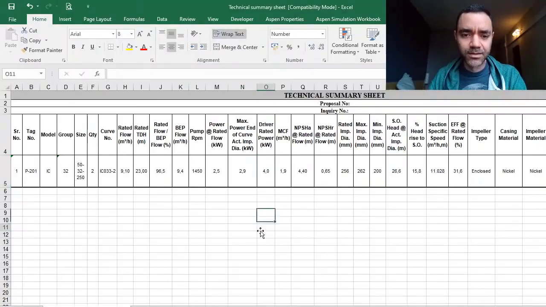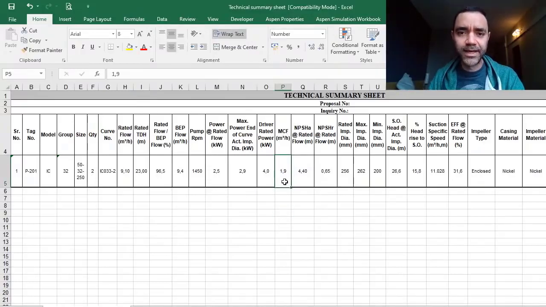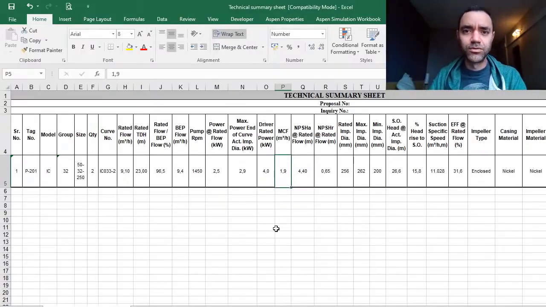Driver rated power: although the maximum power is 3, the motor is 4 kilowatts. I forgot about this, the minimal circulating flow, so you should not go below this point to avoid any issue related to your pump operations.